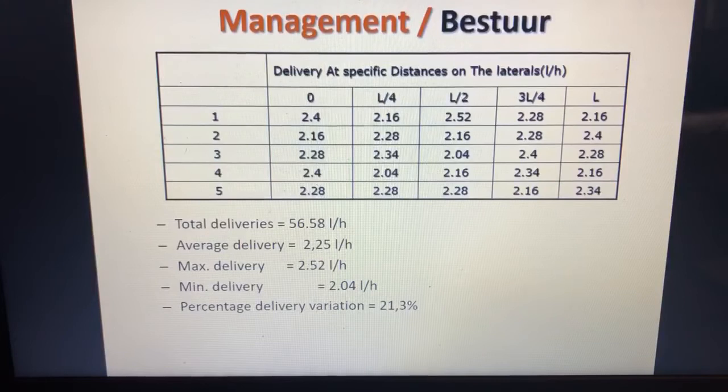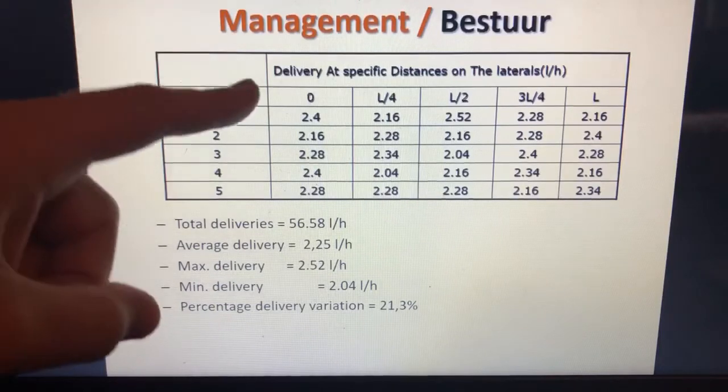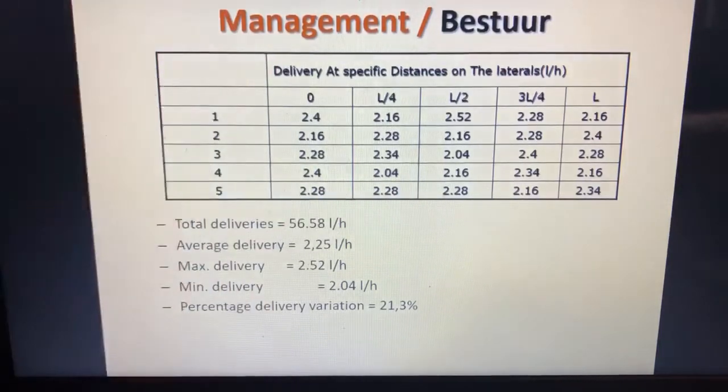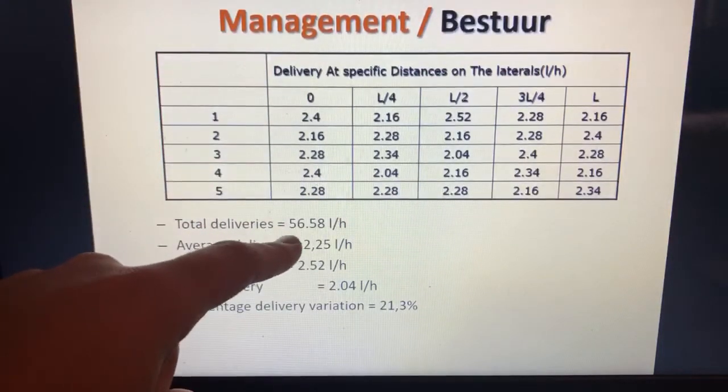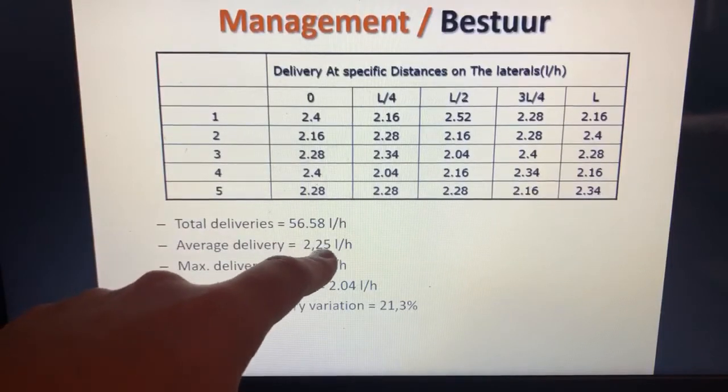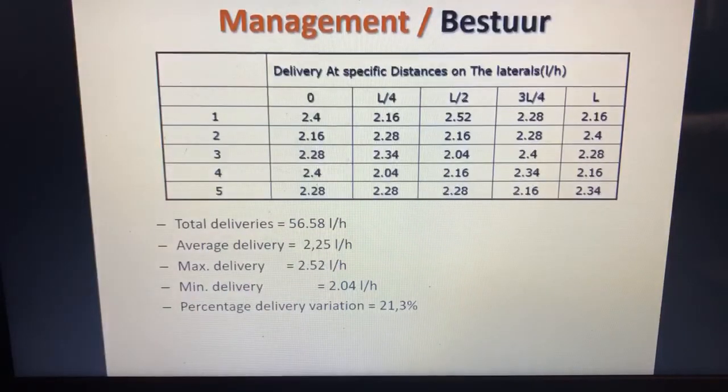You can see that it ranges between relative values, and after adding all of them together, you divide by 25 and then you get an average. That's the average for 25 emitters, and that's usually the value that you use to calculate how much water you are giving for a specific block.